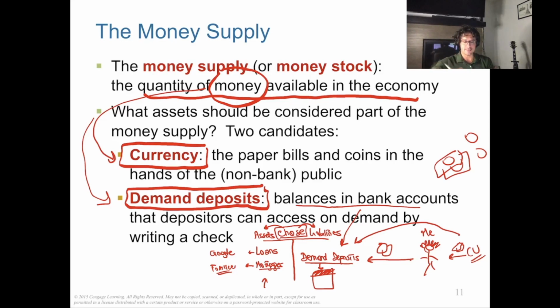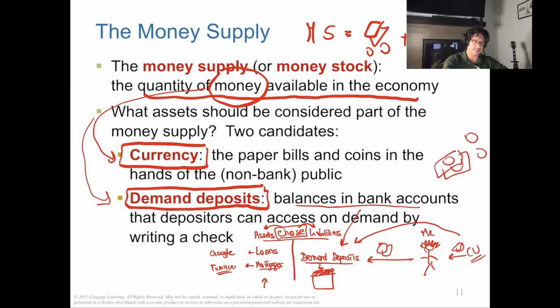So this amount of demand deposits, your current account, is considered money. So the total amount of money supply is equal to the total amount of currency and coins in circulation plus all the demand deposits.